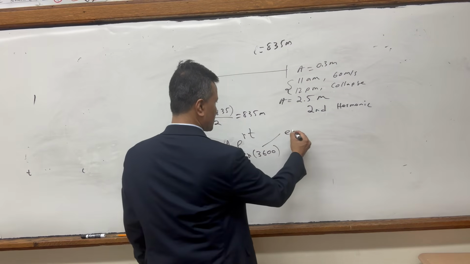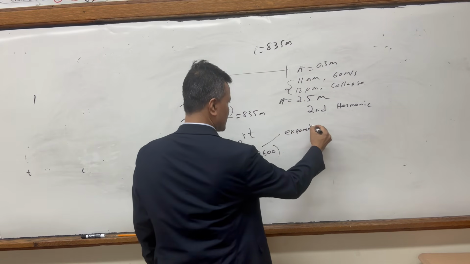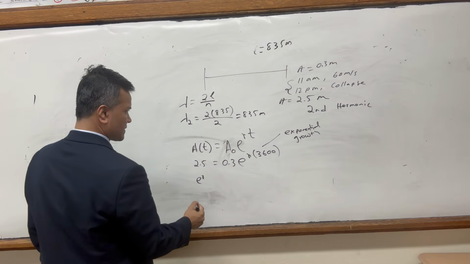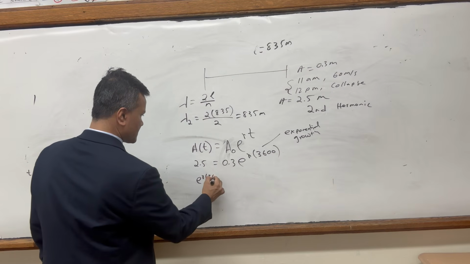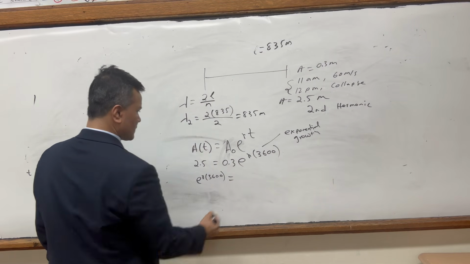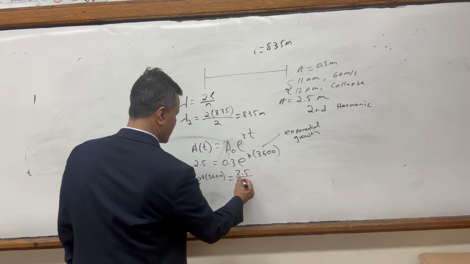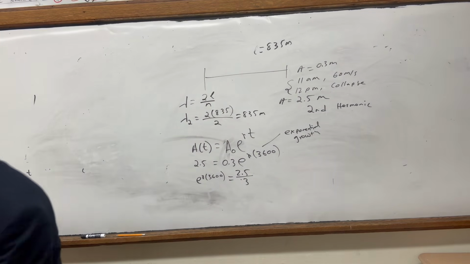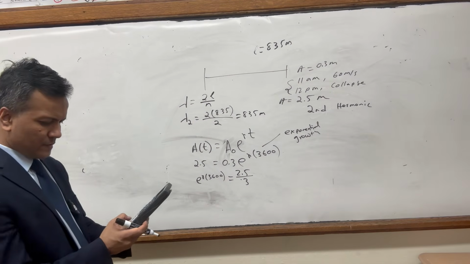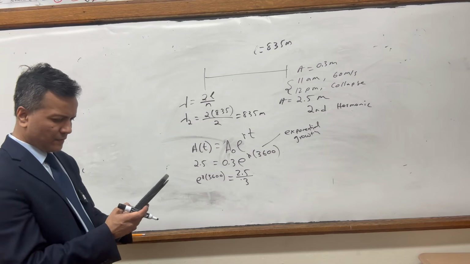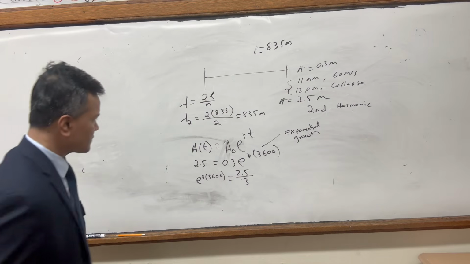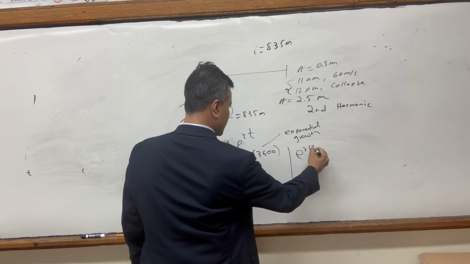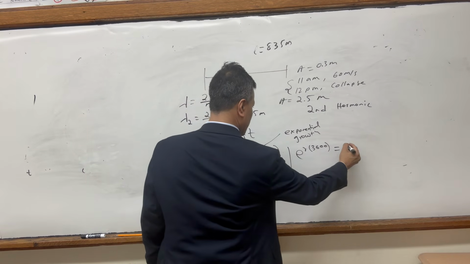This is exponential growth. So 3600 r is such that e^(r·3600) equals 2.5 divided by 0.3. 2.5 divided by 0.3 is 8. So e^(r·3600) is equal to 8.